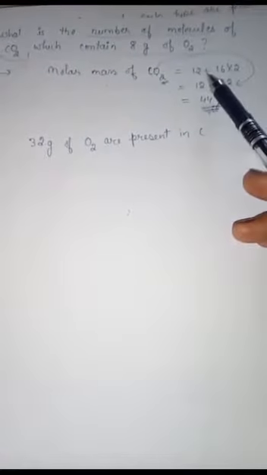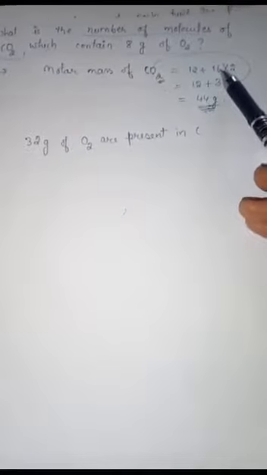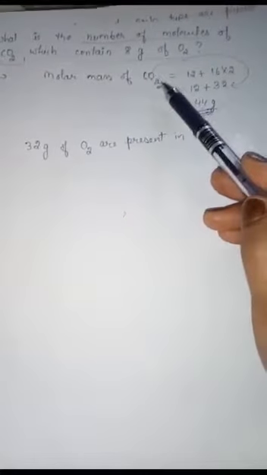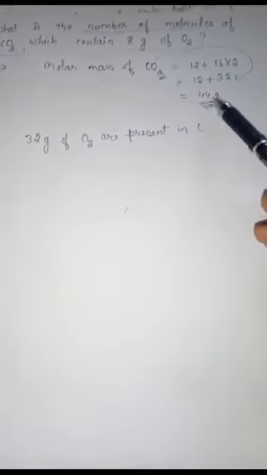How can you calculate it? Atomic mass of carbon 12 plus atomic mass of oxygen 16. How many oxygen atoms are present? 2. So multiply by 2. 12 plus 32, 44 gram.